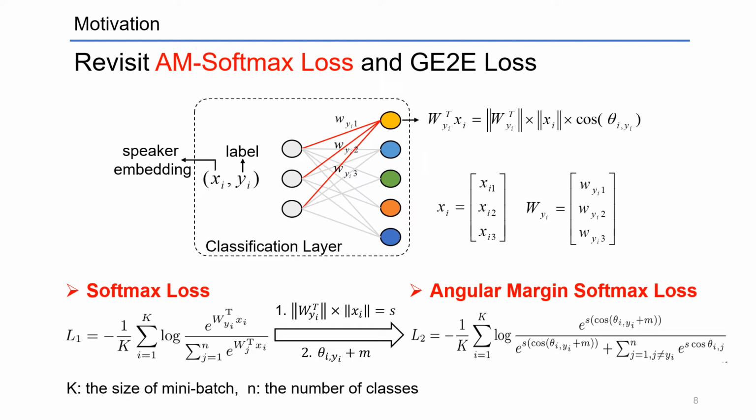In the angular margin Softmax loss, the length of the speaker embedding and the length of weight vectors are rescaled to constant values, so that the classification result only depends on the angles between the speaker embedding and the weight vectors. Then an additive angular margin is used to limit the value scope of the target angle.